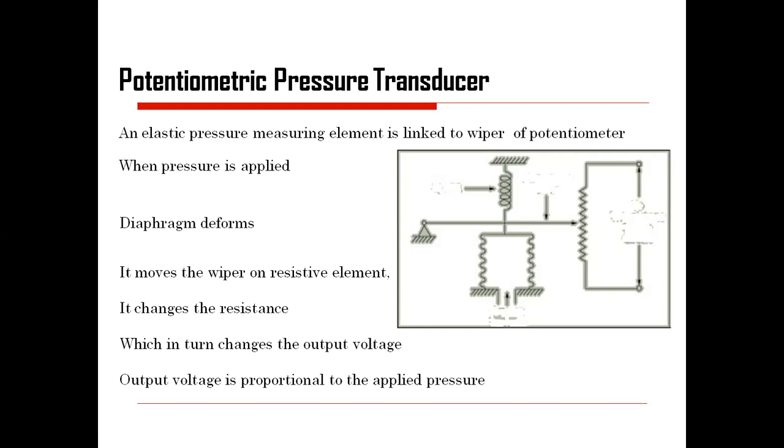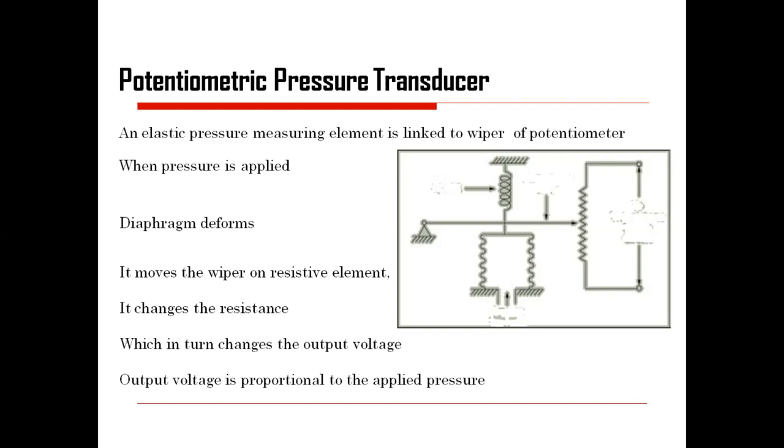So this observation error or noting error may be overcome utilizing some electrical type of transducer incorporated in connection with an analog type of transducer, that is bellows, diaphragm, or your Bourdon tube.